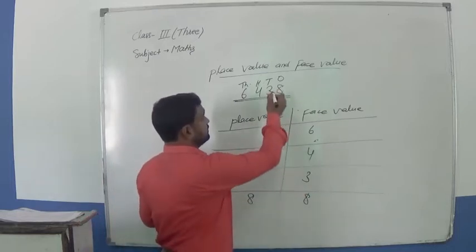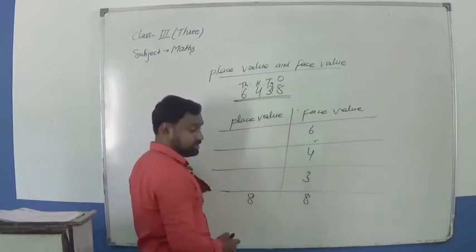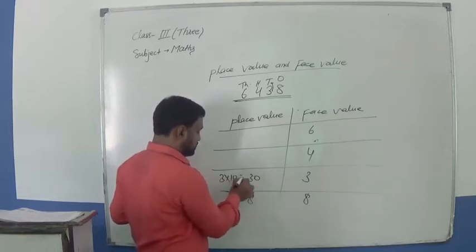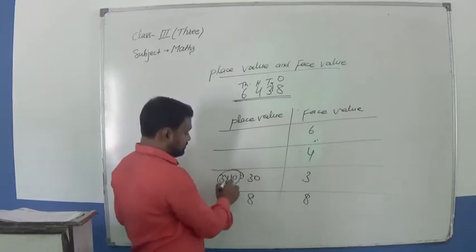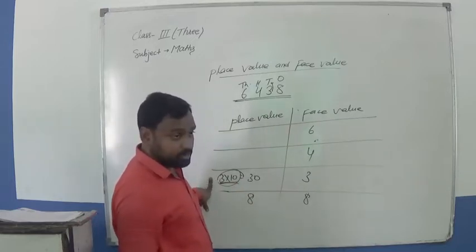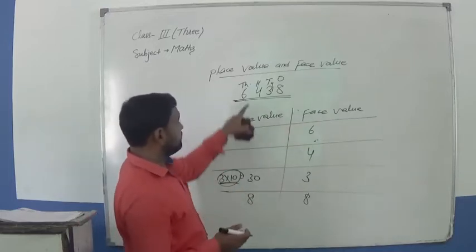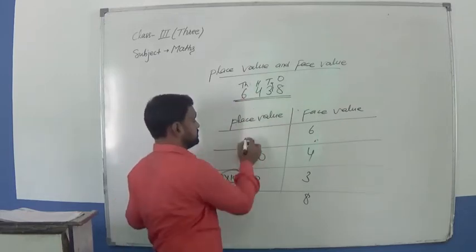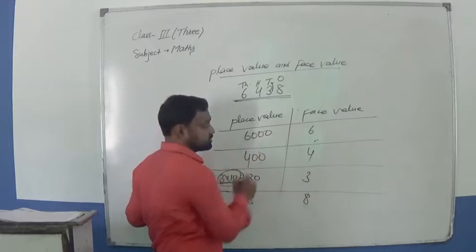Here 3 tens means 3 multiplied by 10 equals 30. You don't have to write this, I just write it here for your better understanding. And here 4 is 400. Place value of 6 is 6000.